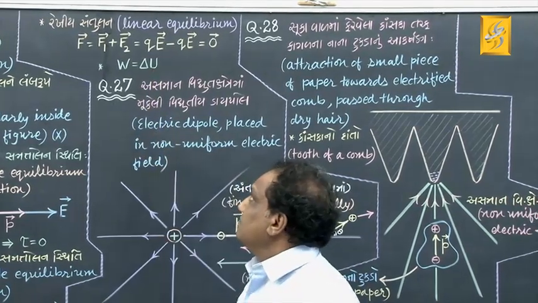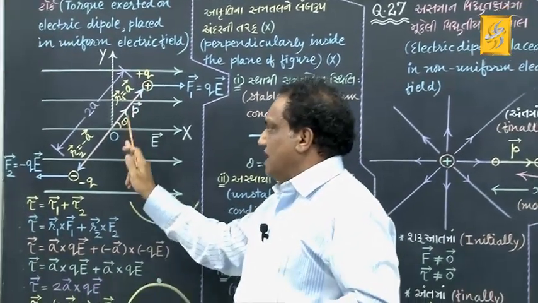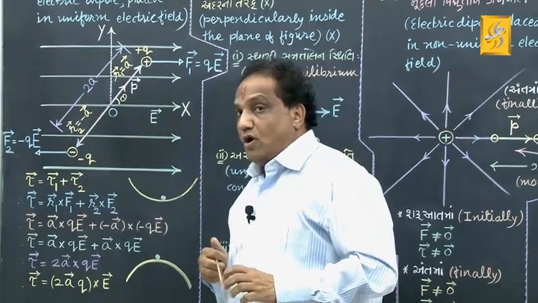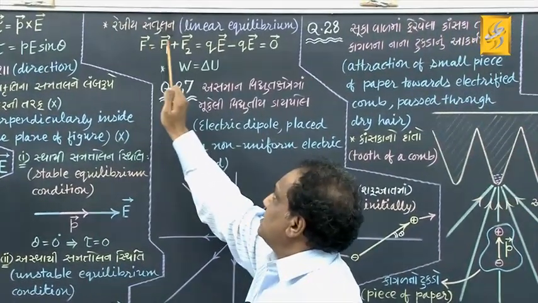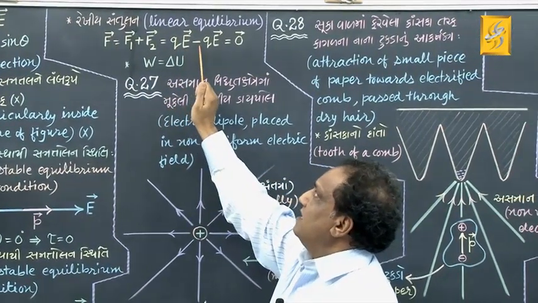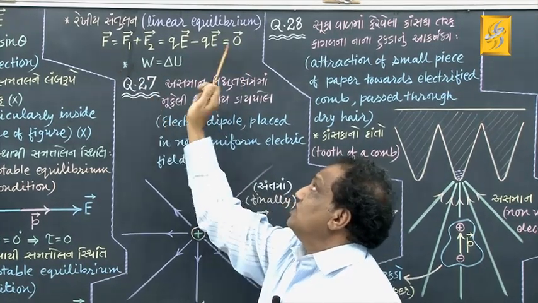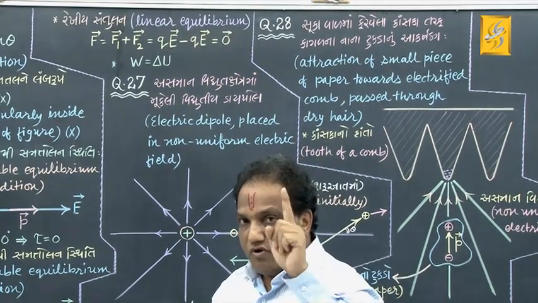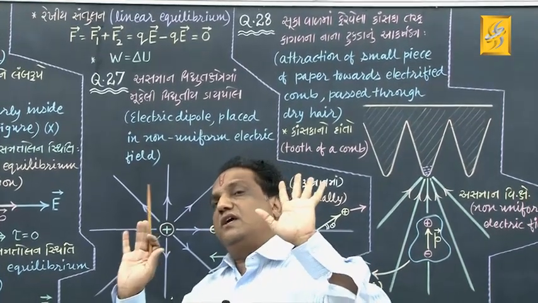Now in this uniform electric field, when you place this dipole, you can see these two forces are equal in magnitude and opposite in direction. So the resultant force is vector F1 plus vector F2, which is Q into vector E minus Q into vector E. This becomes a zero vector. In 11th standard you studied that an object with no resultant force is said to be in linear equilibrium.